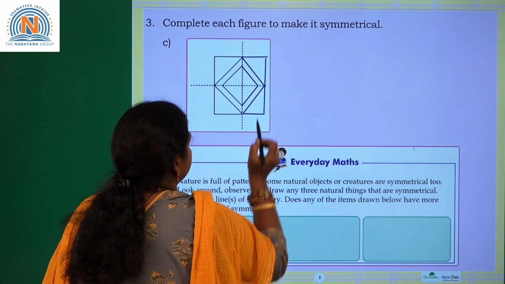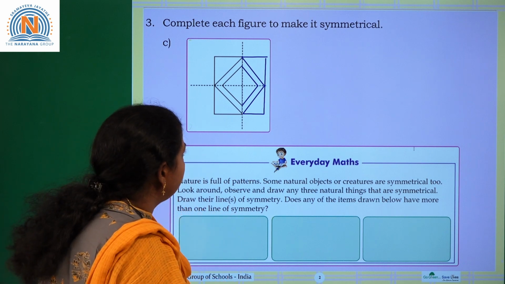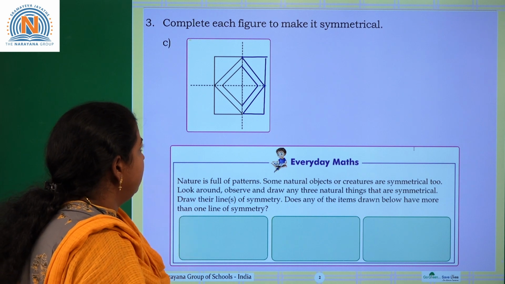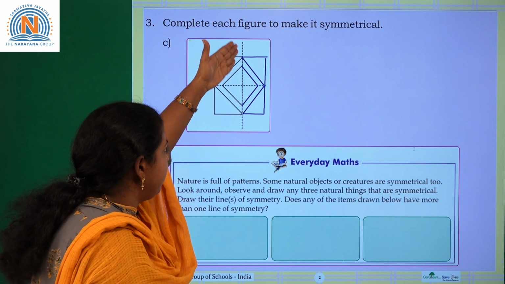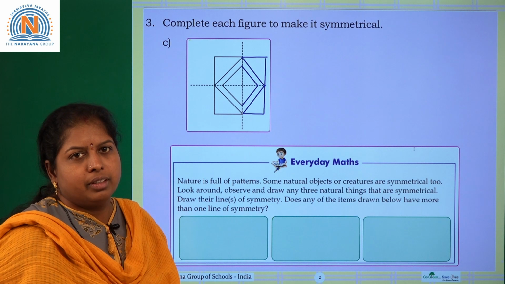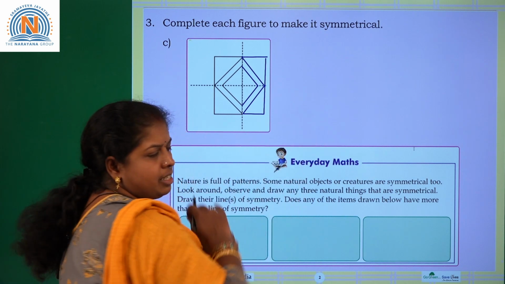Okay, right. Both look the same? Yes. So you are right. This is the horizontal line of symmetry, vertical line of symmetry for this particular figure. Draw exactly the same figure on the other side.